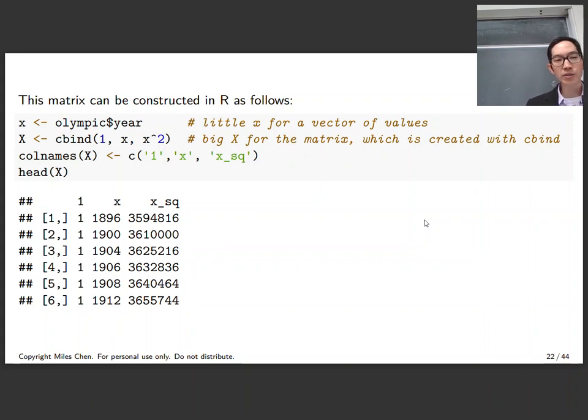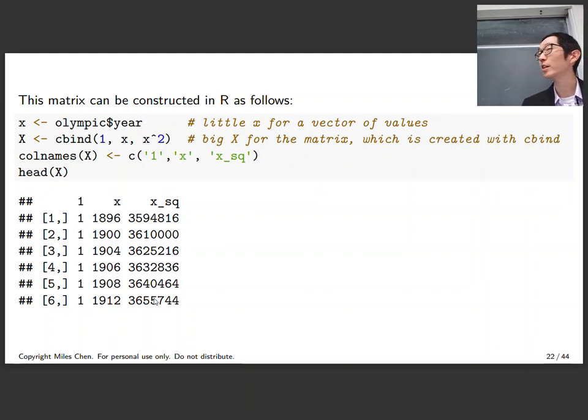And so I could do this using R. I could take a column of ones. I can take my X column, 1896, and so on. And I can take X and I can square it. You square 1896 and you get, what is that, 3,594,816. I take 1900 squared and I get 3,610,000, et cetera.